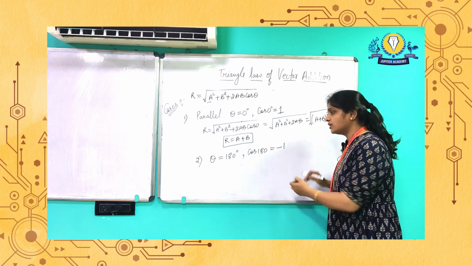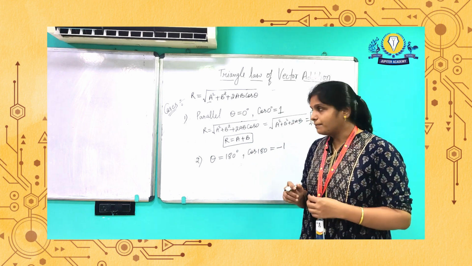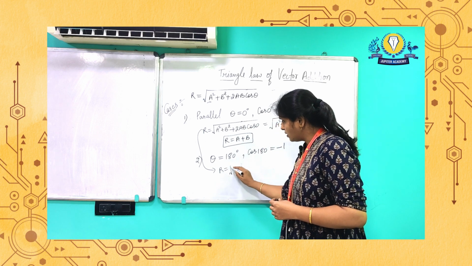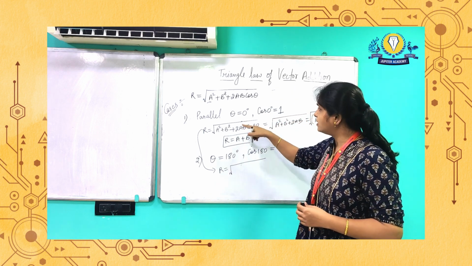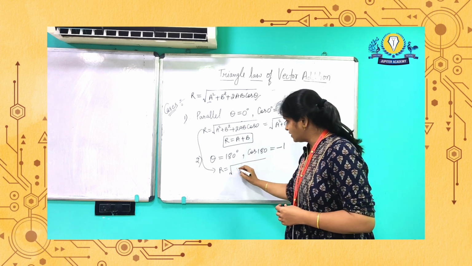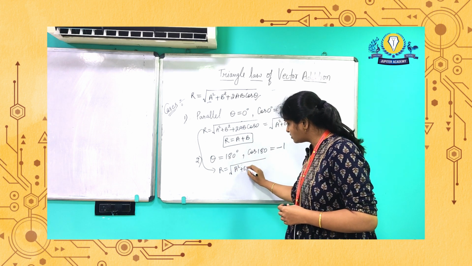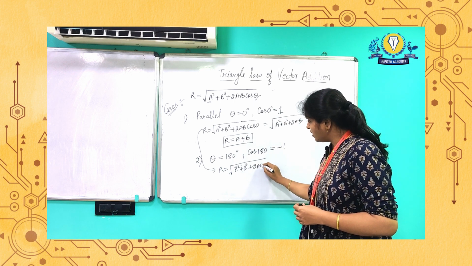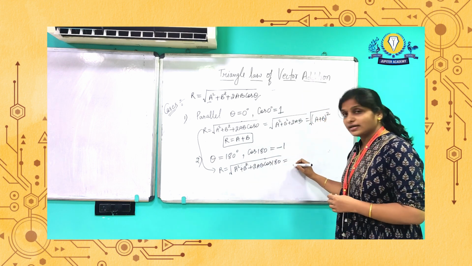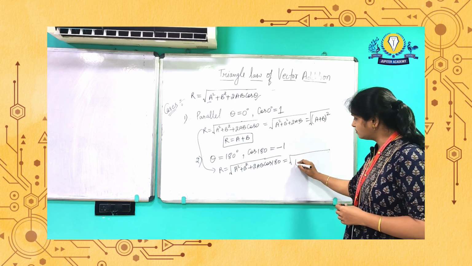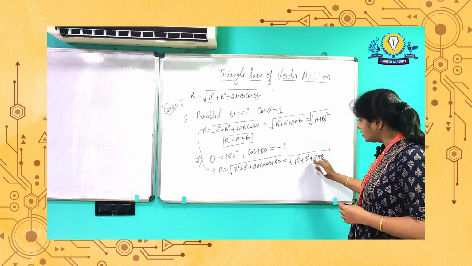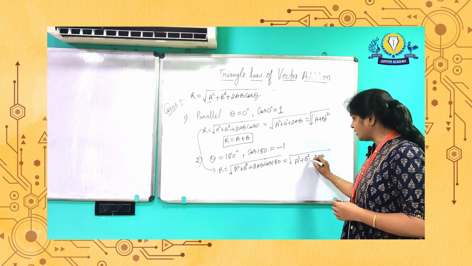So what is cos 180 degree? You know this, students, cos 180 degree is -1. Again replace. Instead of cos theta, we will replace cos 180 degree. So a square plus b square plus 2ab cos 180 degree. What is cos 180 degree? -1. So write this, a square plus b square, not plus 2ab, it's minus 2ab.